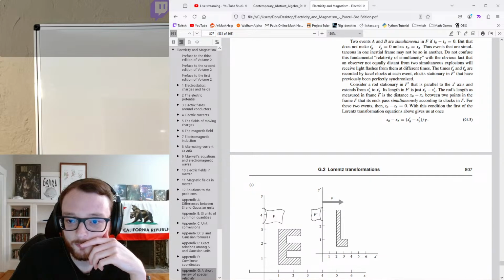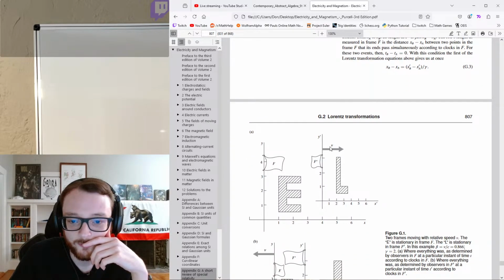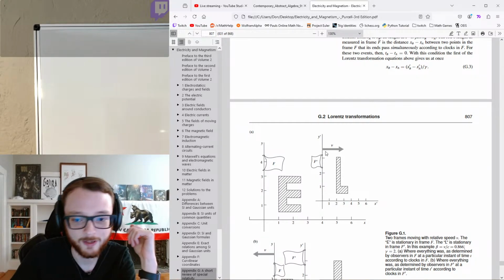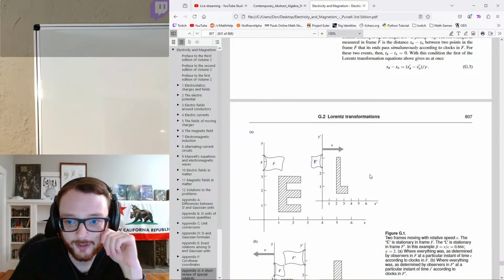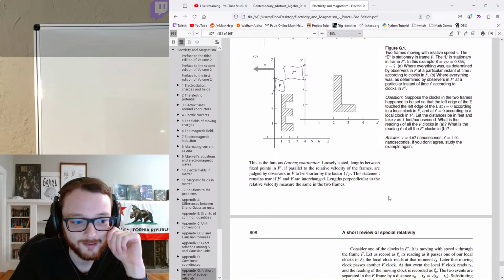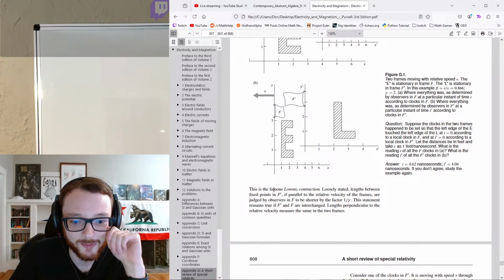If you're holding a rod parallel to the direction of movement, someone over in the other frame is going to perceive that rod as being shorter. But if the person over in F prime rotates the rod so it's perpendicular, everything is fine again, and that's freaking crazy. It's called the Lorentz contraction.